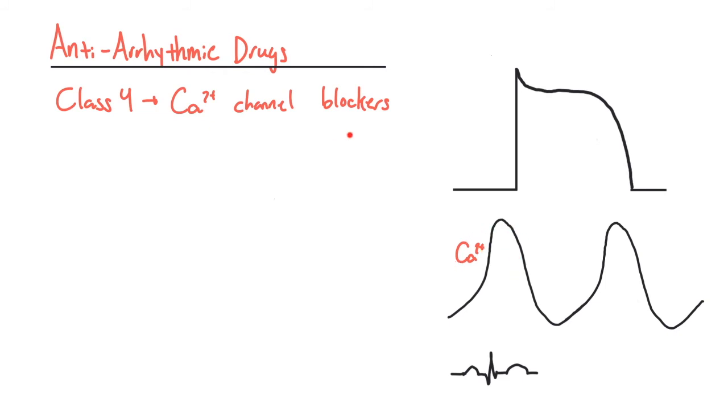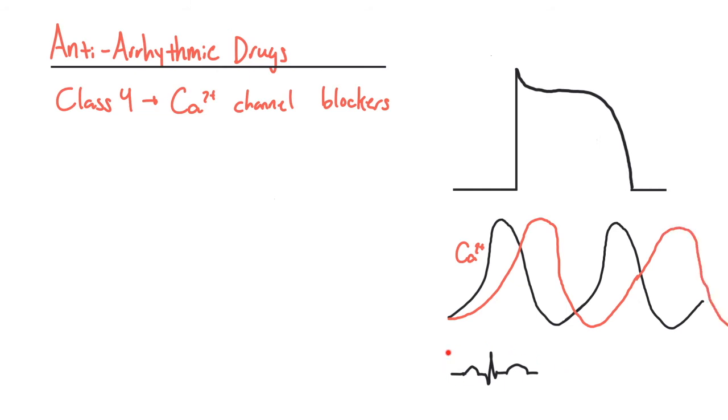If calcium channels here are blocked, this depolarization is not going to happen as rapidly. So much like with our beta blockers, we're going to see a slower rate of depolarization, thus overall slowing the heart rate as well as conduction through the AV node.